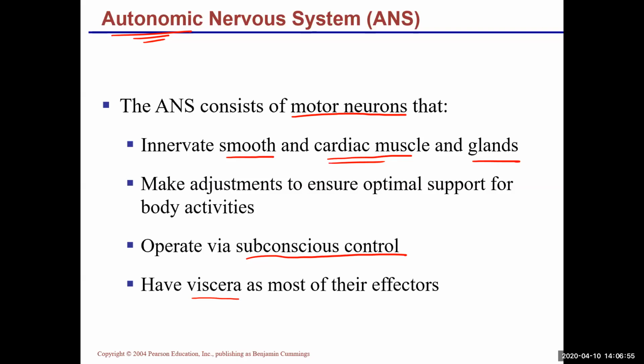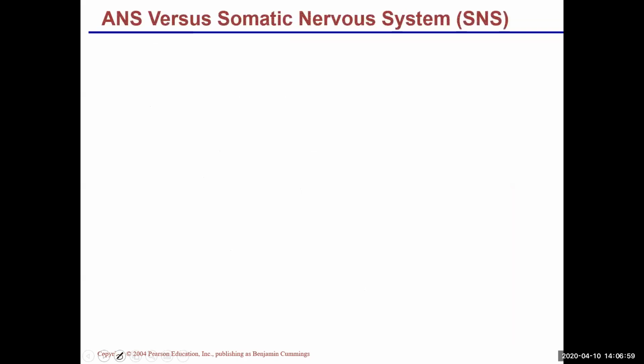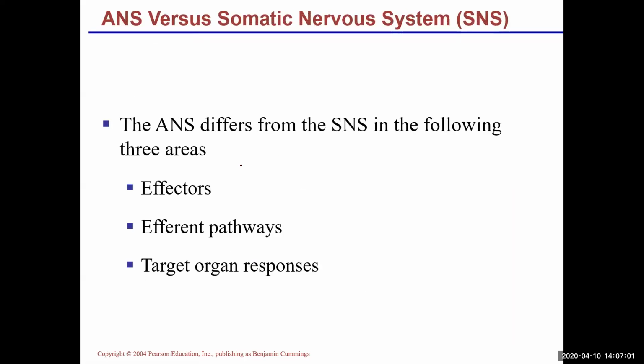So how are they different from the somatic nervous system? Let's take a look at the differences now. There are three areas we wanted to look at: effector, efferent pathway (efferent, remember, means exiting from the central nervous system), so how they are exiting and what type of neurotransmitters are involved, that is important, and target organ response.